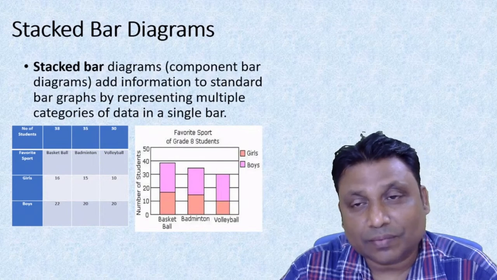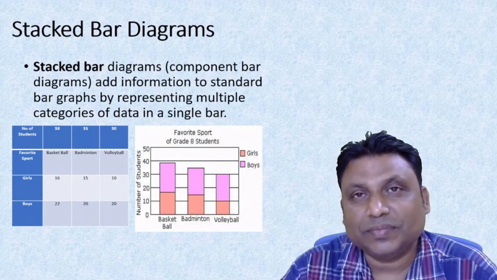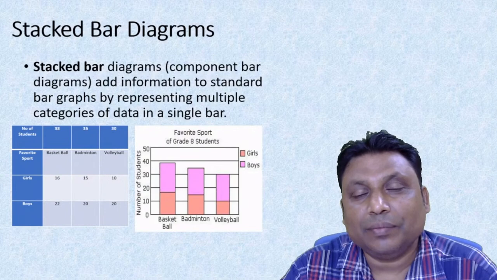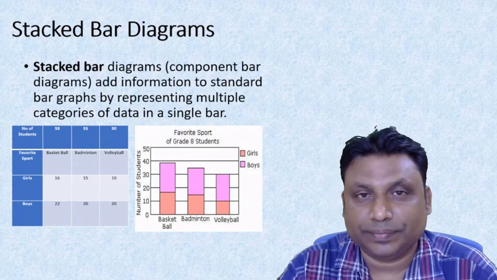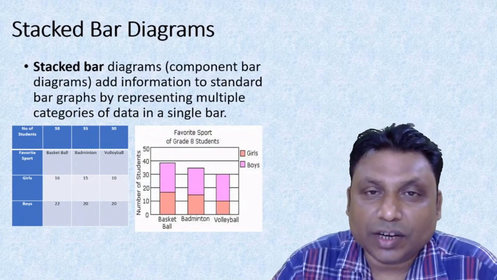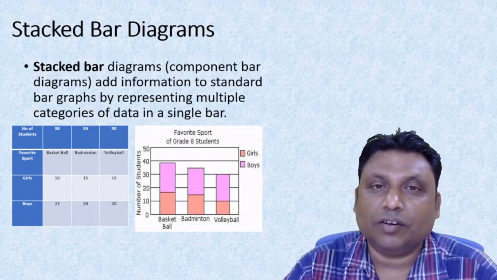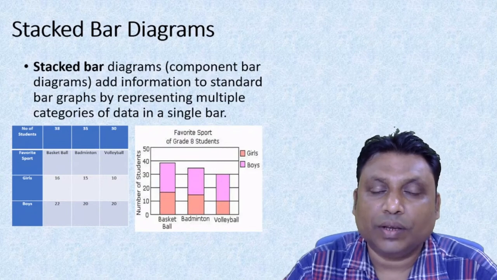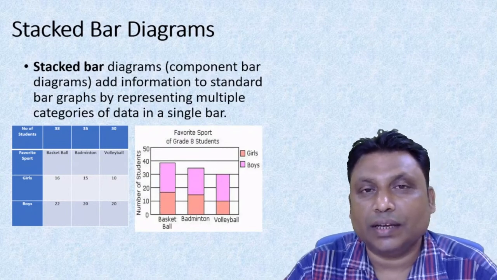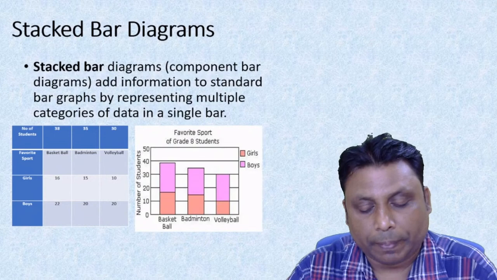In the first class I told you that data reliability and validity are required. If the data is not reliable, or the condition is not satisfied, or the data is not valid, then we cannot go for statistical analysis. This is point number 1.